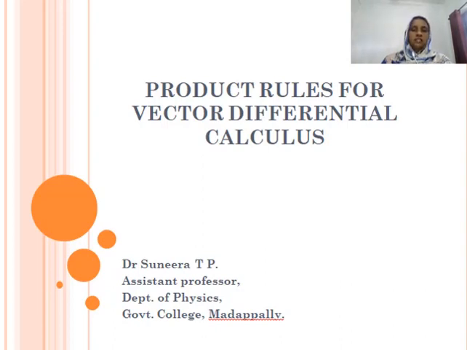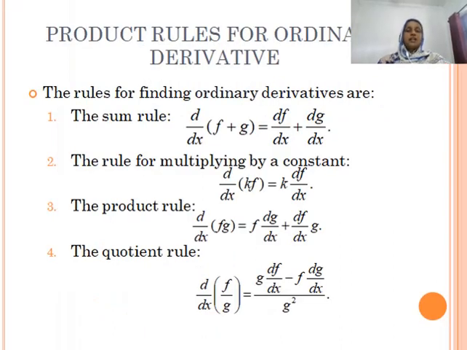In this lecture, we will learn about product rules and the second derivatives for vector differential operator del. In our previous lectures, we learned about vector differential operator del and its action on scalar and vector fields.